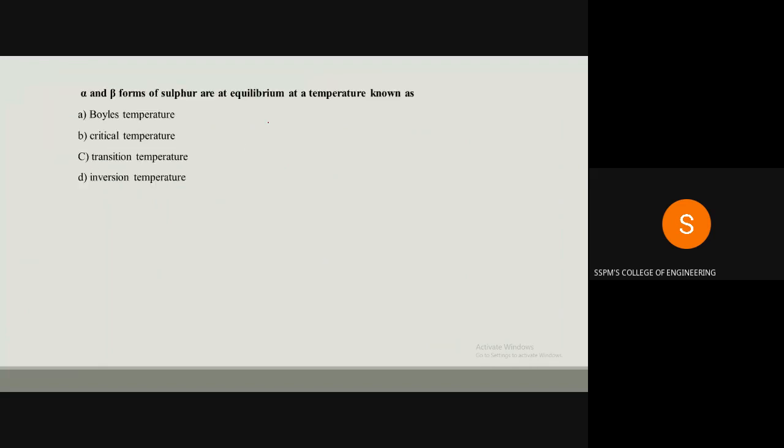Alpha and beta forms of sulfur at equilibrium temperature. These are the allotropic forms of sulfur.